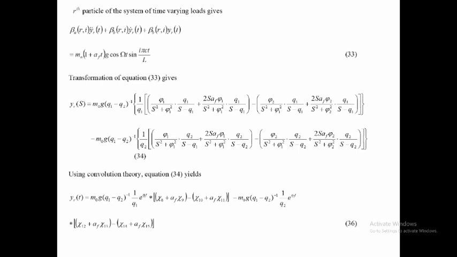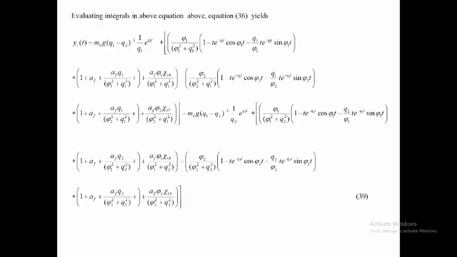The R particle of the system of the time varying load gives equation 30. Translation of equation 33 gives equation 34. Using the convolution theorem, equation 34 yields equation 36, as you can see below.